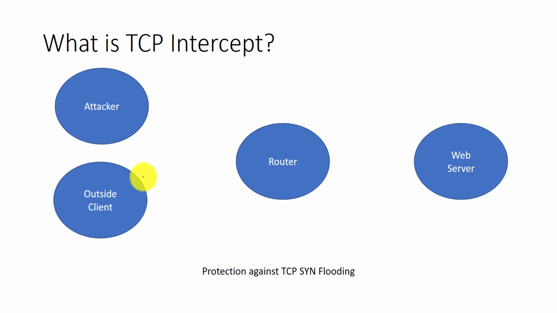But with TCP interception enabled on the router, the outside client would again try to initiate a connection with the web server over here. But this time this SYN request would only go to the router. The router basically intercepts the TCP session.